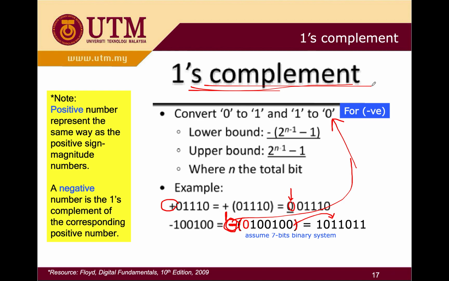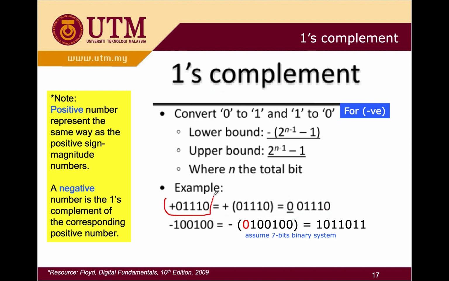So I repeat again. This example is for a positive number. But this is only for first complement. Let's say the question asks you, you were given this number, please get the first complement of this number. So you check first, oh, this is a positive number.